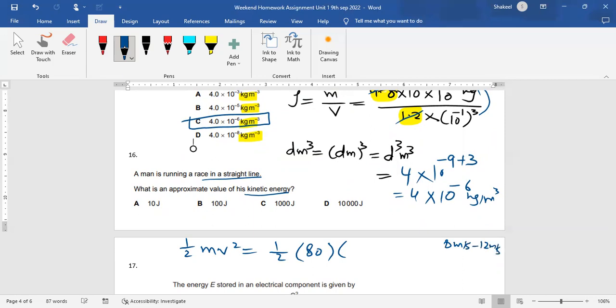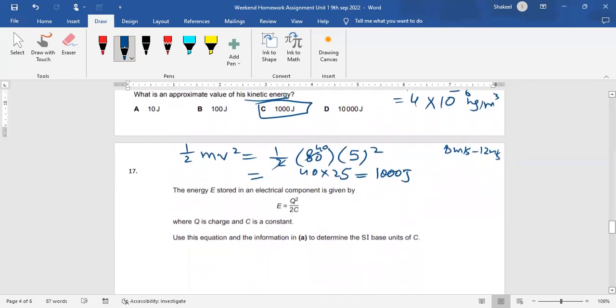But of course, if a man is running, you can take maybe 5 meter per second, because he's not an athlete, he's an ordinary man. So this is like 40 into 25, which is approximately 1000. Otherwise, it's an estimate, so the answer can be like 900 or other.